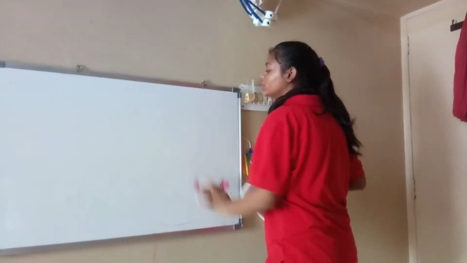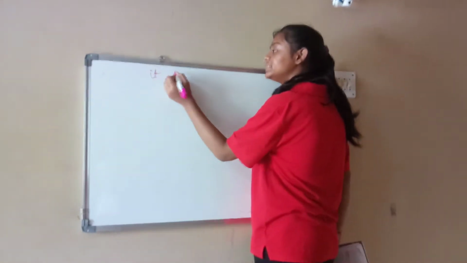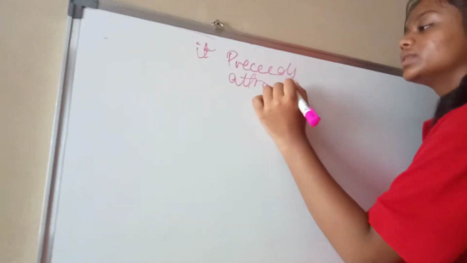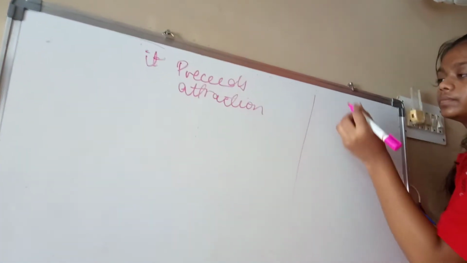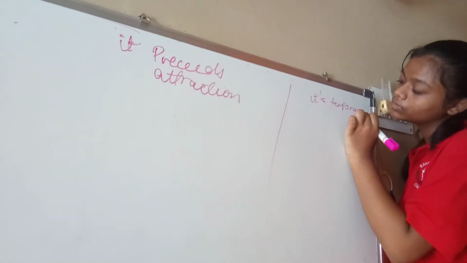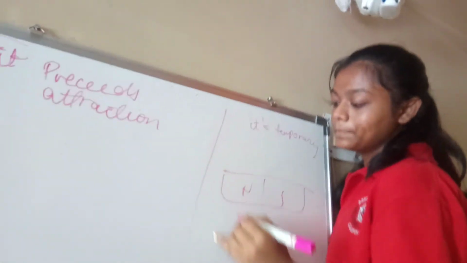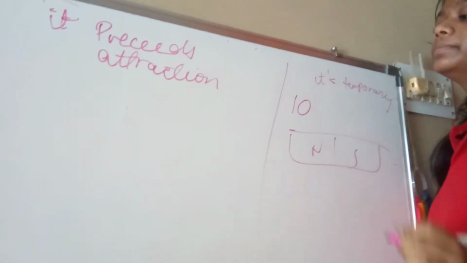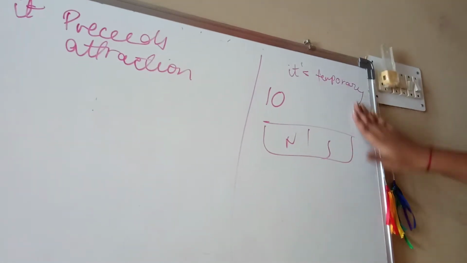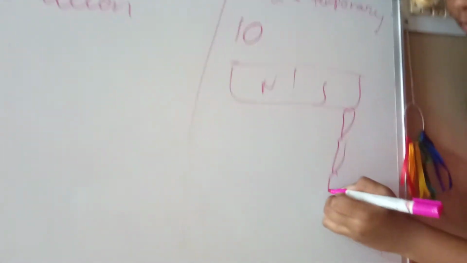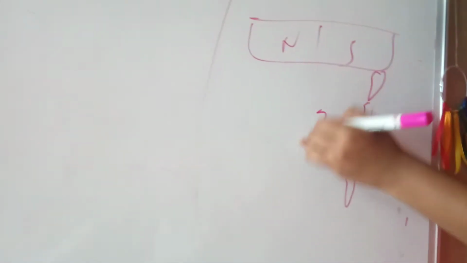Now two properties of induced magnetism: it precedes attraction and it's temporary. It's temporary in the sense that this is a magnet. A magnet has attraction till 10. A magnet would only attract till 10, and then the weight of these pins, iron nails, increases to 20.